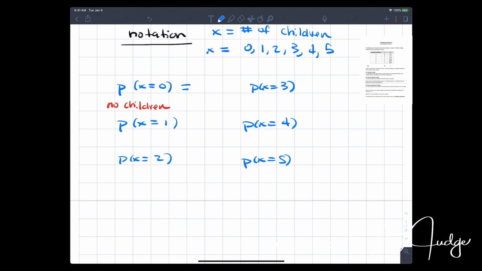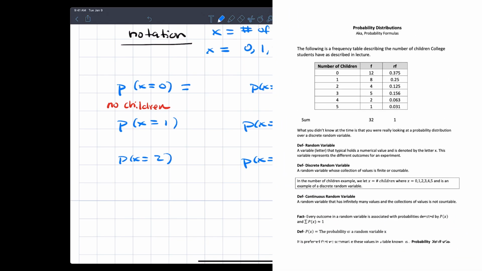What is that answer going to be? Do we have an answer? I know there's a delay here, but it's the probability of having no children. It's in your table.